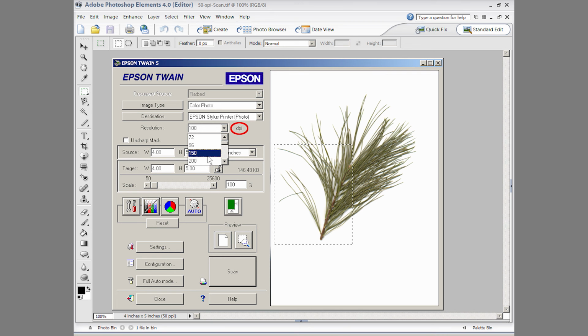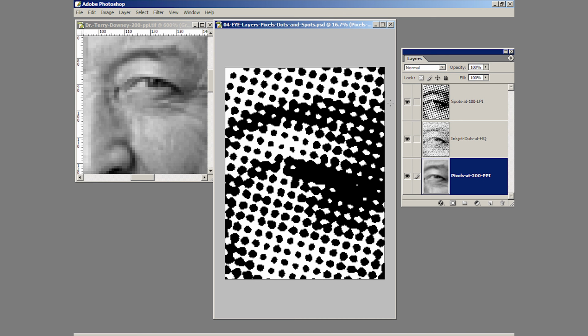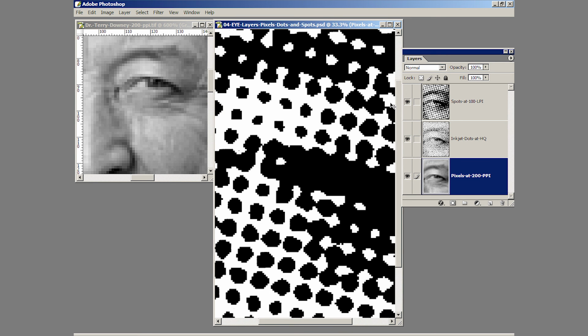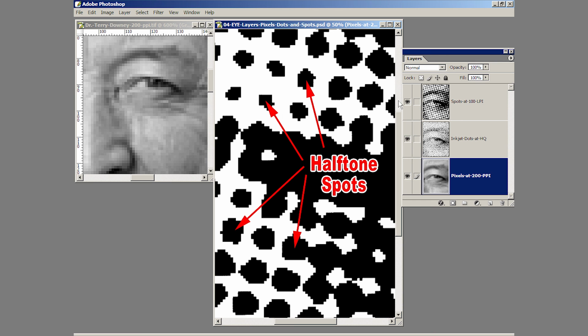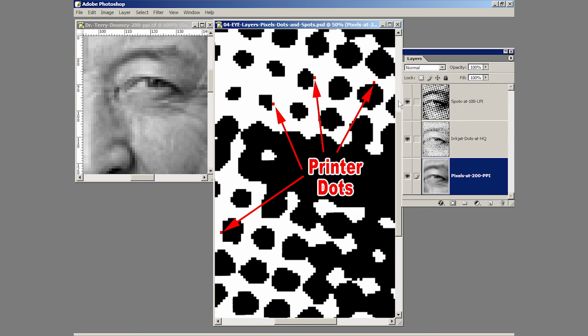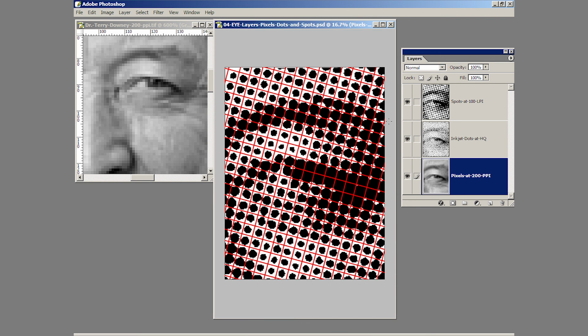I insist on using the term SPI, samples per inch, because a scanner takes discrete measurements as it samples an analog source. They use the term DPI to describe the shapes that exist in a halftone screen. I insist on calling them spots, not dots, because each spot shape consists of an array of printer dots geometrically spaced on a screen that's measured in LPI, lines per inch.